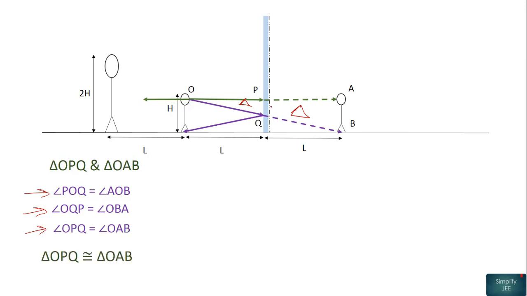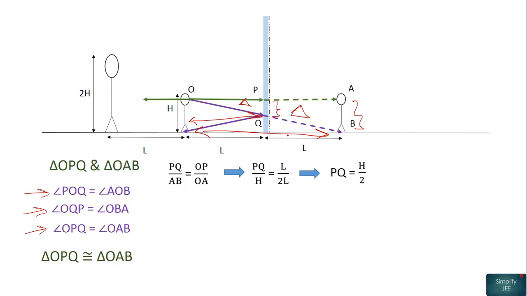Hence these two triangles will be congruent, and I can write PQ upon this length AB equal to OP upon this length OA, or I can write PQ upon H equal to L upon 2L, or PQ will be equal to H by 2.